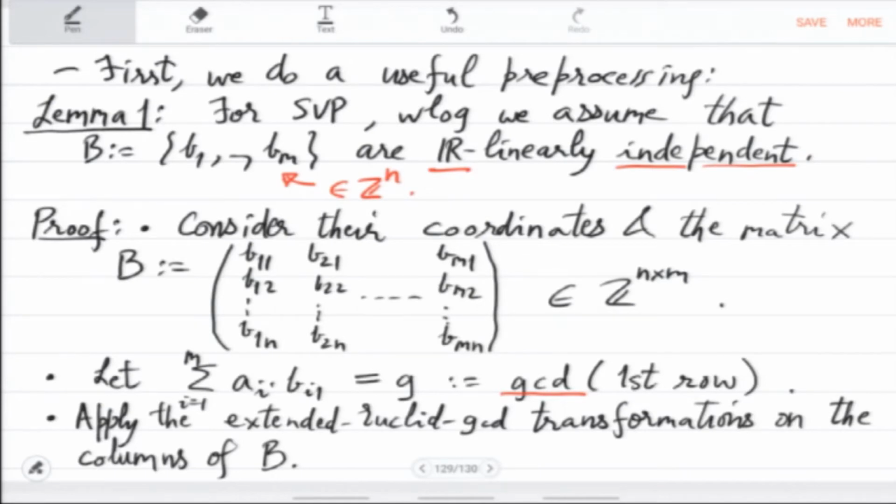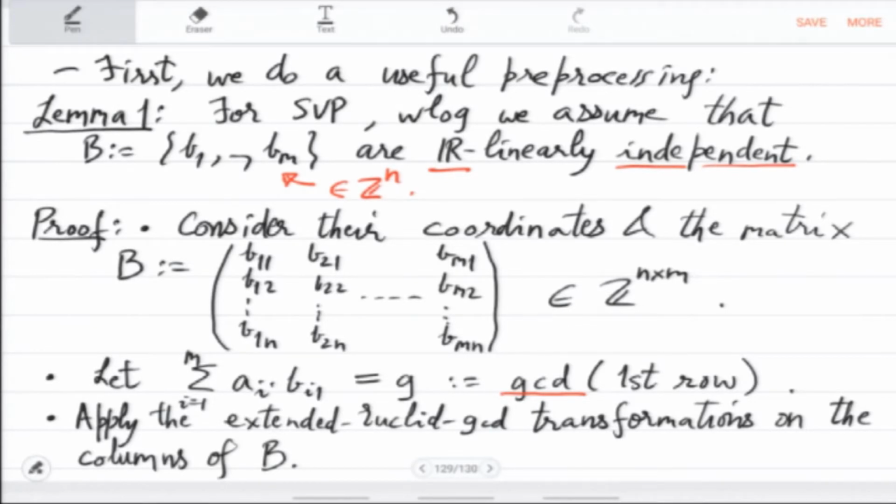For example, if b11 is smaller than b21, then you compute the quotient of b21 divided by b11, multiply that quotient with b11 and subtract it from b21. Do that operation, and you get a remainder.